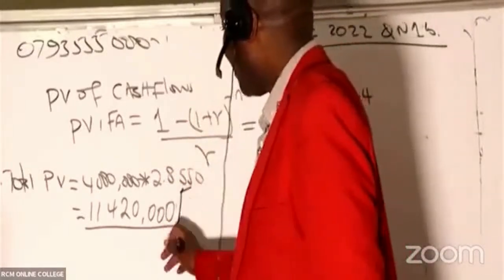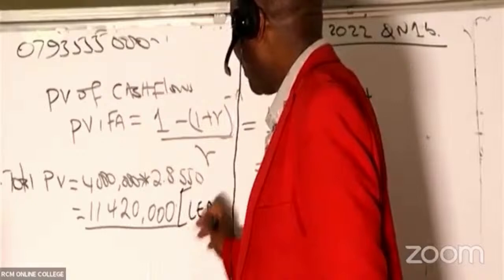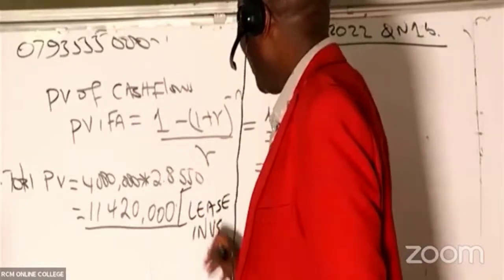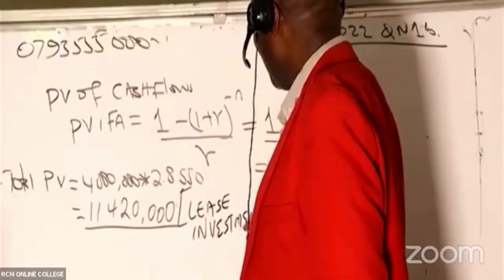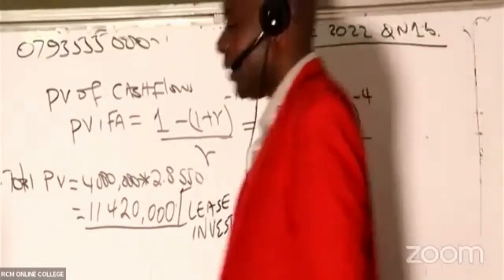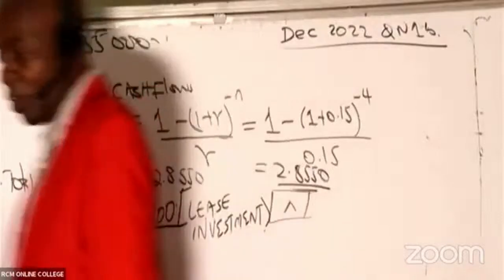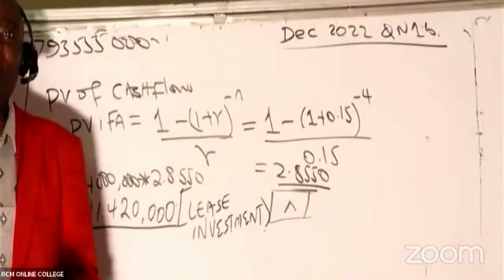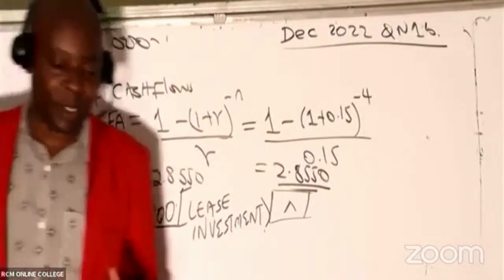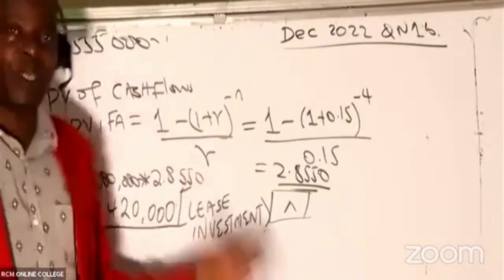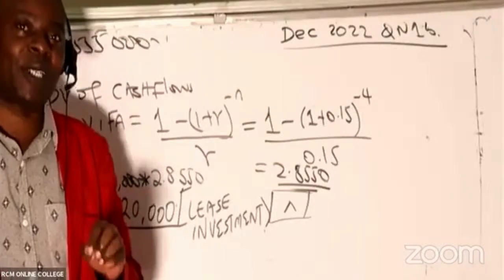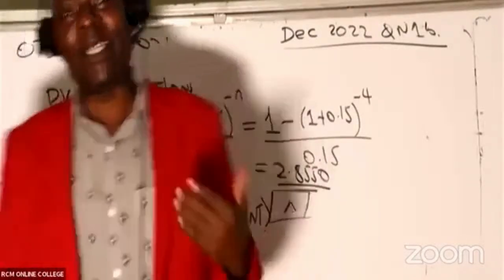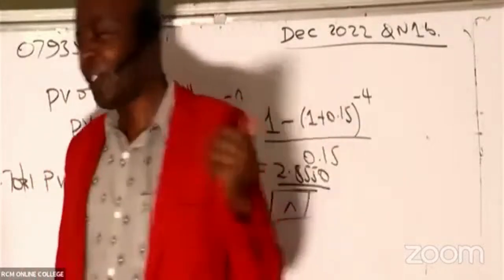I'll just tell the examiner that for the lessor, this will be a lease investment. It can't be called lease liability. It would have been a liability if you were the lessees, but they want us to account from the lessor's perspective. I told you everything will be the same, apart from terms that will be changing here and there.